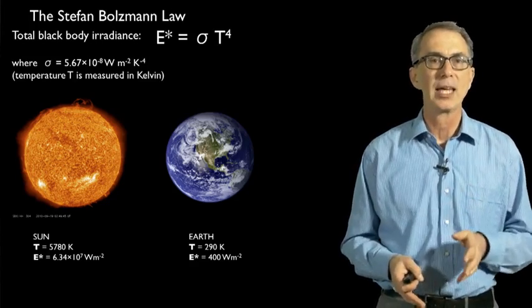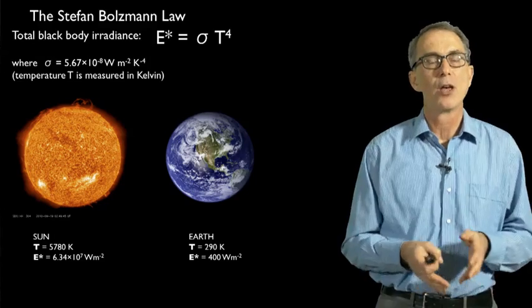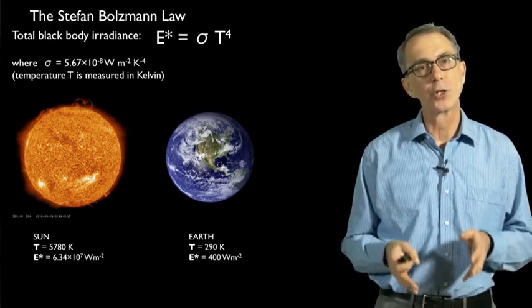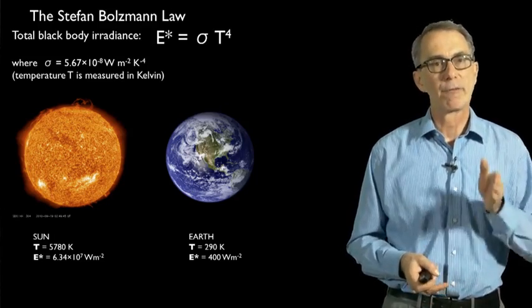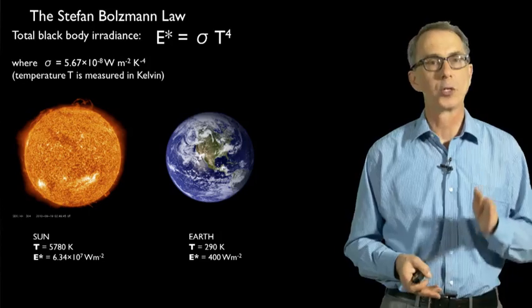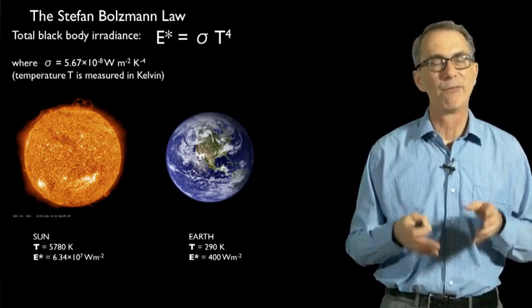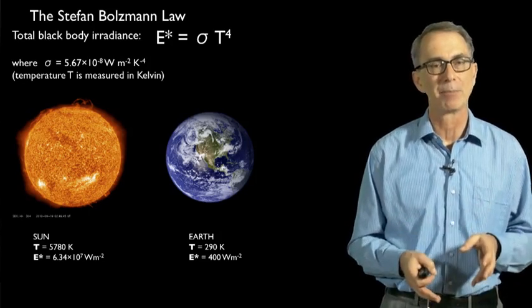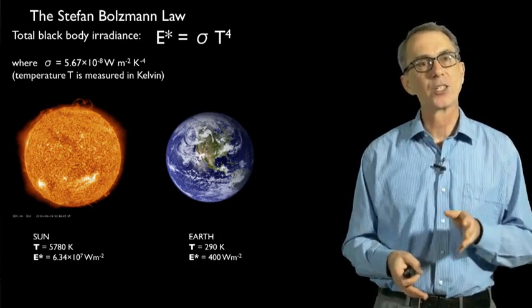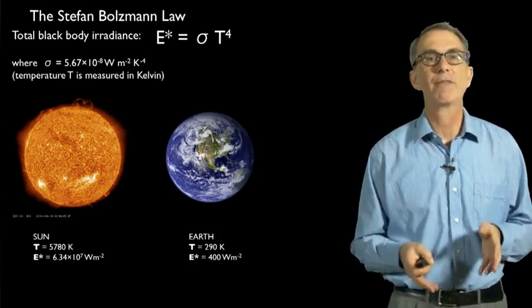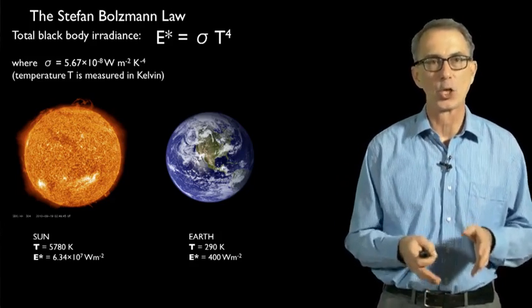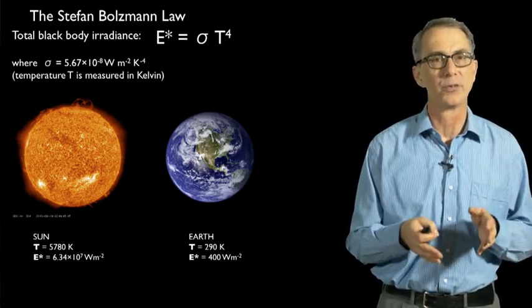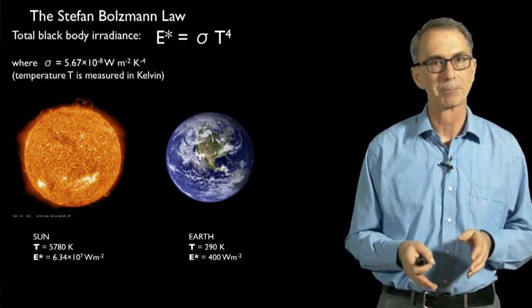Light from the Earth is coming from a source at around 290 or 300 degrees Kelvin. What that means is the light from the sun is in short wavelengths, or visible wavelengths, and is very high intensity, whereas the light from the Earth is infrared wavelengths and much lower intensities, much lower power in terms of watts per square metre.